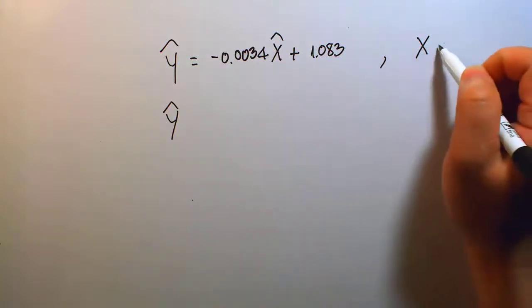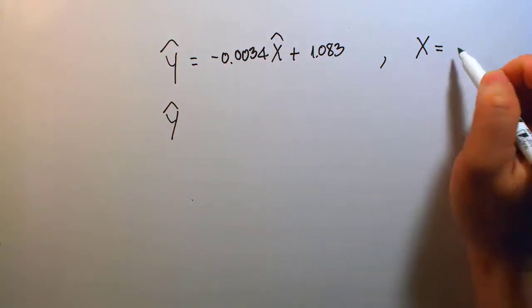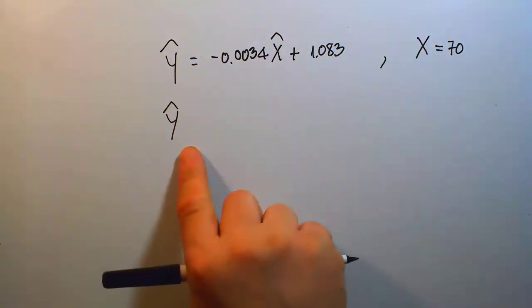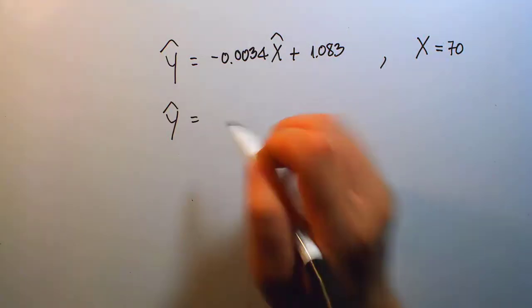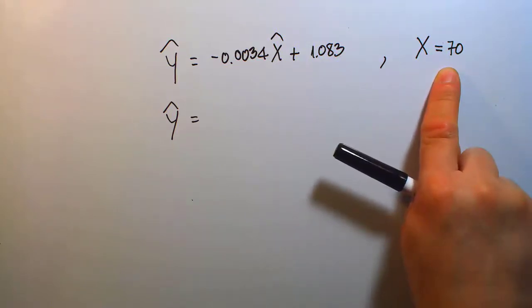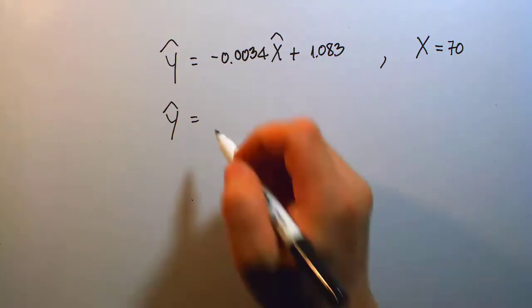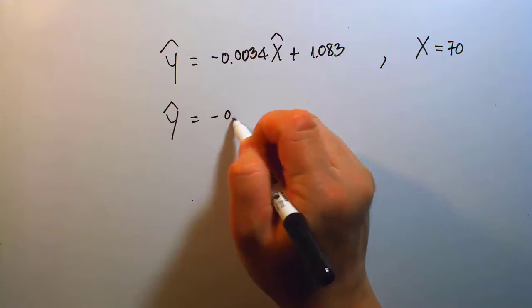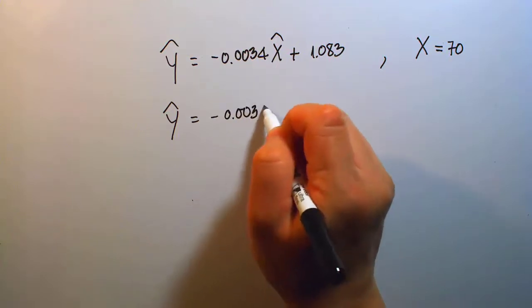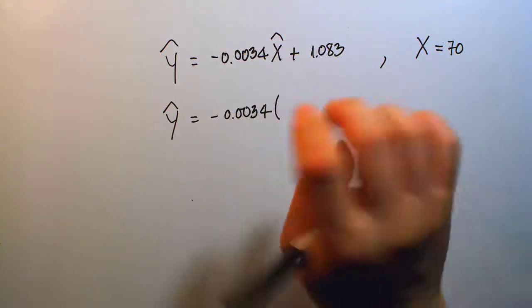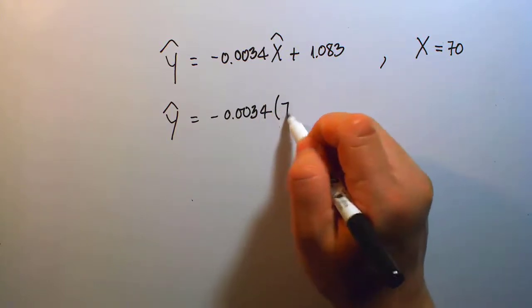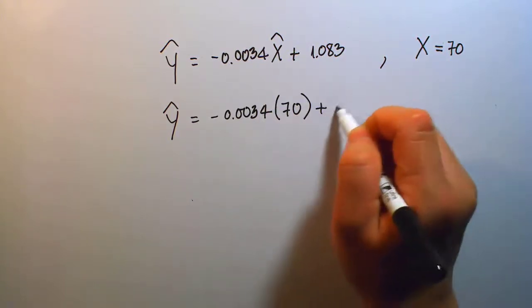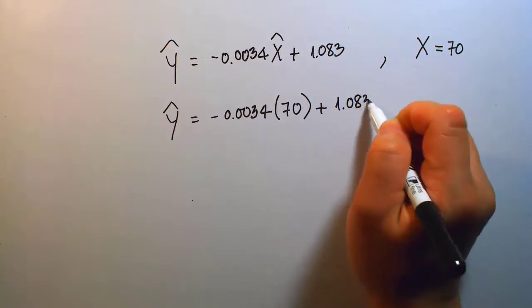Remember that x equals 70. Calculating this by hand is simply substituting the value x equals 70 into your best fit line equation. So minus 0.0034 multiplied with x being substituted by 70, plus 1.083.